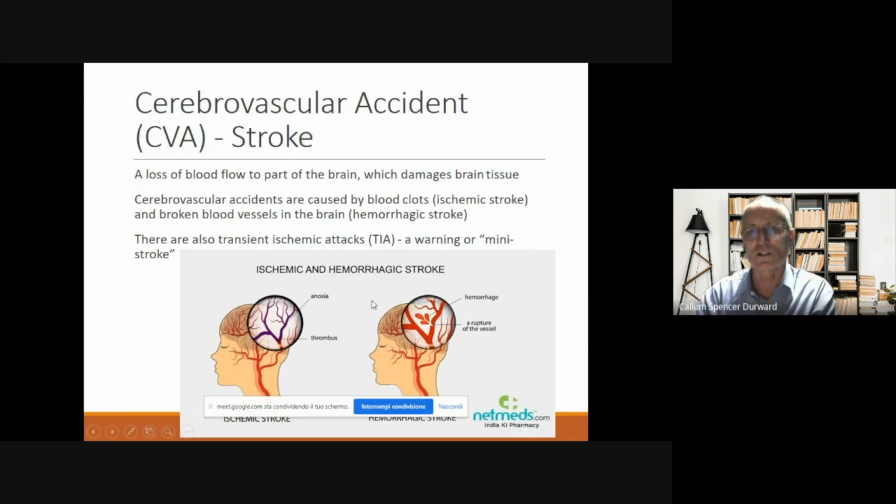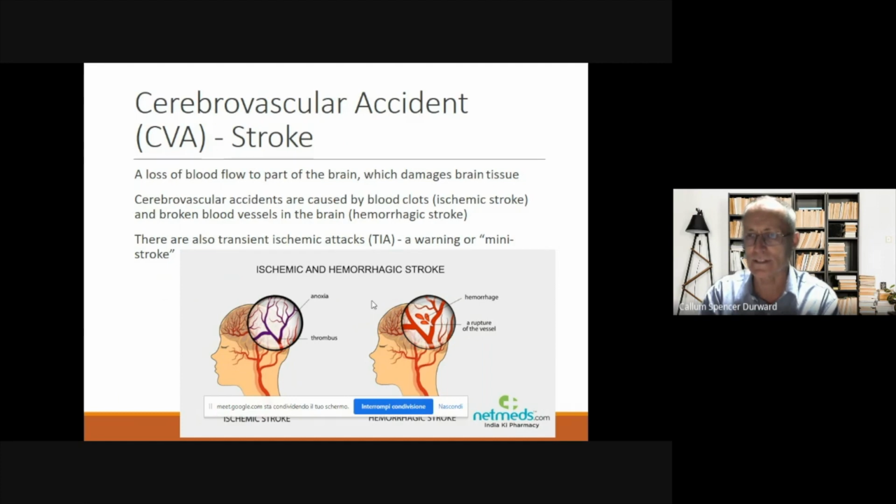The next condition that we're going to talk about today is the cerebrovascular accident, or CVA, commonly called a stroke. This occurs where there's a loss of blood flow to part of the brain, which results in damage to the brain tissue. And there are two types of CVAs. The first one is caused by a blood clot in the brain.